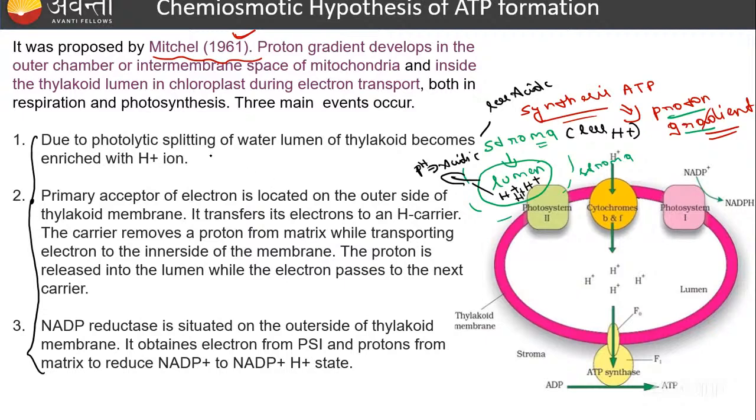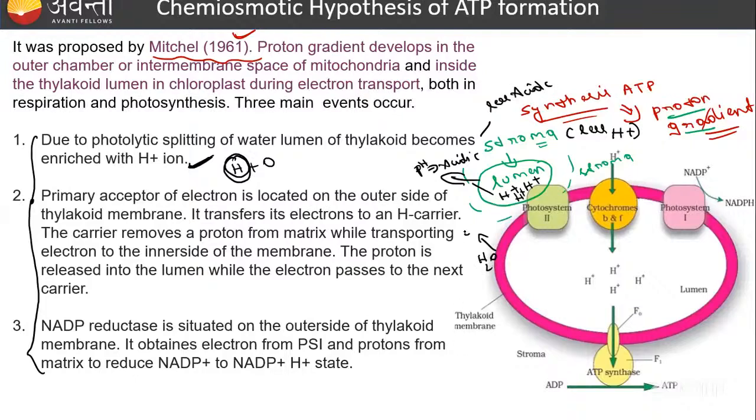See here, guys. You all know that the photolysis of water releases H and O. Proton and oxygen are going to be released by the photolysis of water. So now what will happen? This proton, you can see on the thylakoid membrane, photolysis of water takes place.